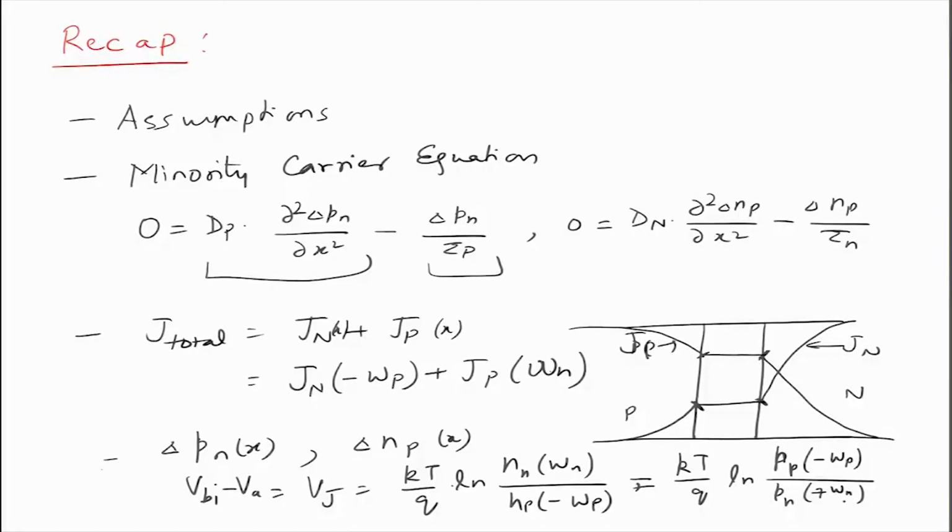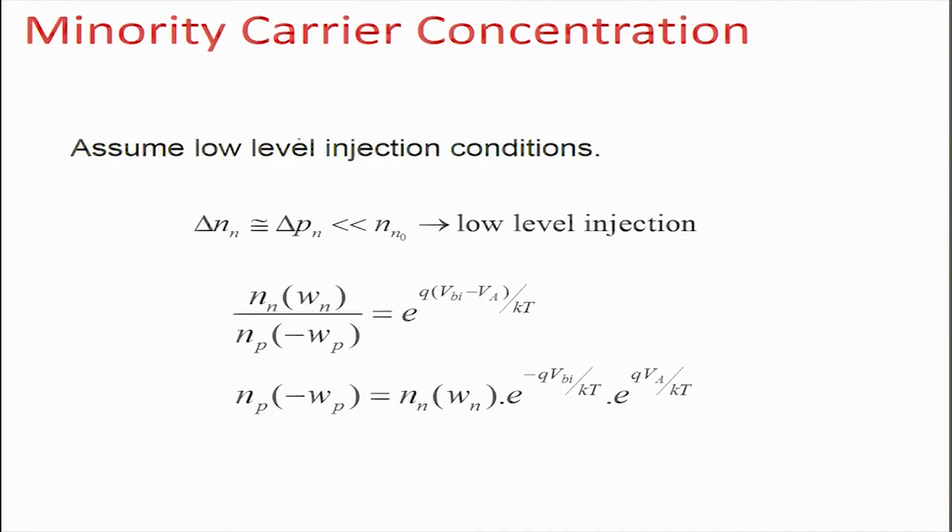So, now let us go forward on this. If you want to talk about the minority carrier concentration, assuming that we have low level injection conditions, we are saying that delta Nn is equal to delta Pn, and this delta Pn is much smaller than Nn naught.